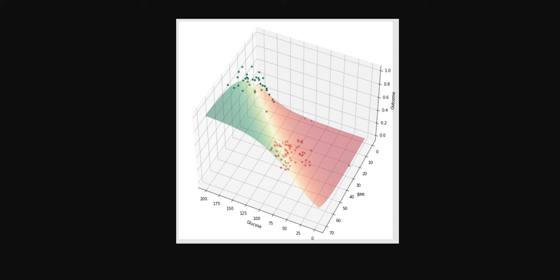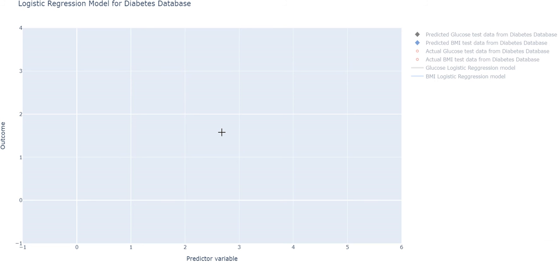So instead of looking at a logistic regression model in 3 dimensions, I'm going to try to look at it in 2 dimensions. I'm going to simplify this logistic model and look at outcome versus glucose and outcome versus BMI. The first logistic regression model that I'm going to be taking a look at is the outcome versus one of my predictor variables.